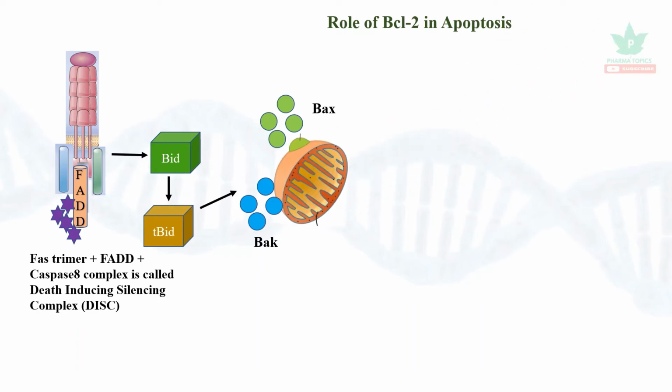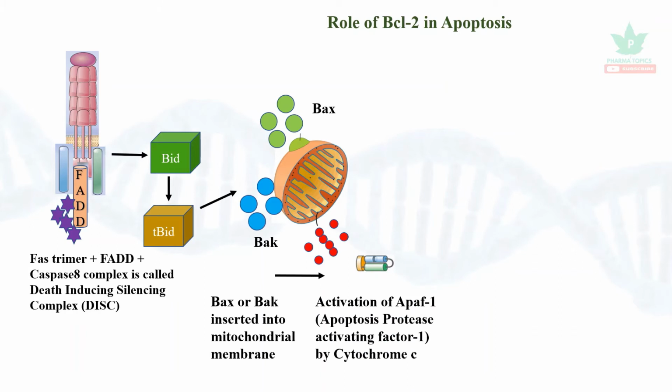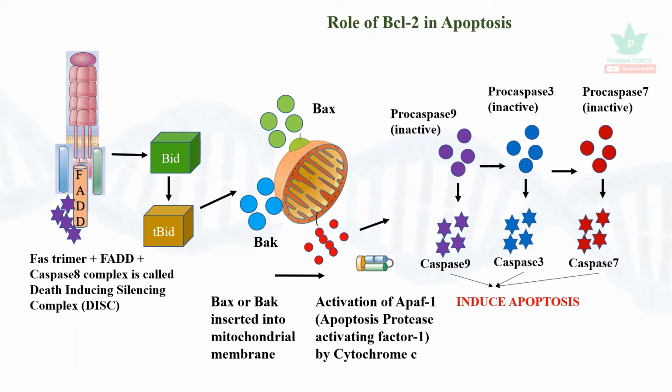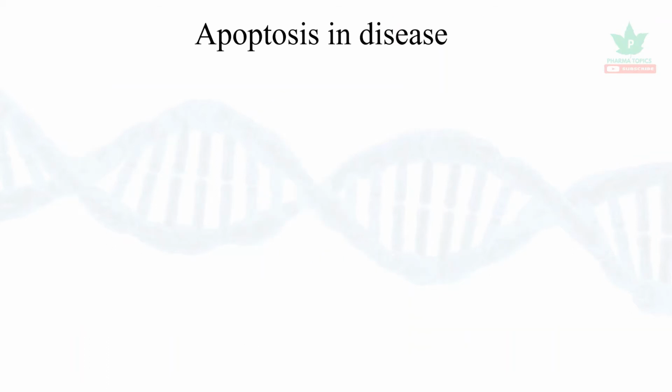When these BAK and BAX get inserted into the mitochondrial membrane, that causes release of cytochrome C, and that activates Apaf1. That leads to activation of Procaspase 9, Procaspase 3 and Procaspase 7, so Caspase 9, Caspase 3 and Caspase 7. All these induce apoptosis.